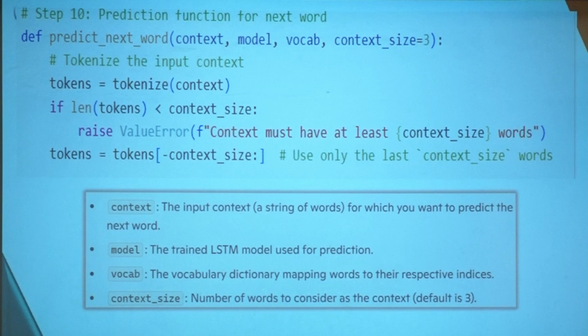So prediction function. What are you passing as parameters? Context. Minimum I have kept how much? At least 3 words with spaces I should give to the machine. Yes or no? That is my context. What is the next parameter? Model. What is your model? It's your trained LSTM model. Vocab, that dictionary that you have created for your vocabulary.